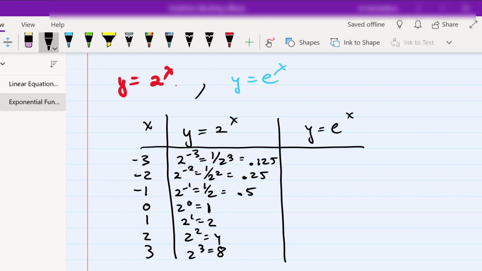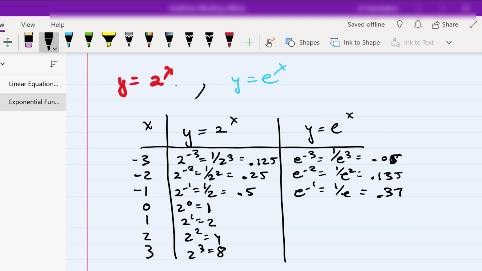Now let us look at y equals e to the x. e to the minus 3 is 1 over e to the power of 3, which on a calculator is approximately 0.0498, or just rounding it off to 0.05. e to the minus 2 is 1 over e squared, which is 0.135. e to the minus 1 is just 1 over e, which is approximately 0.37.